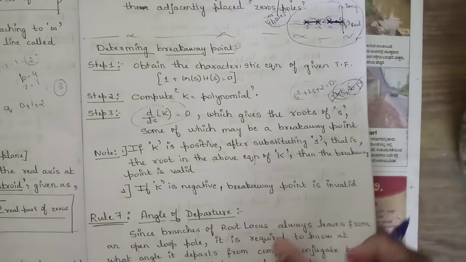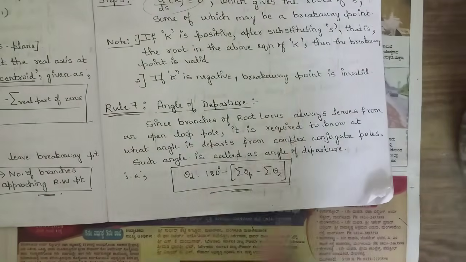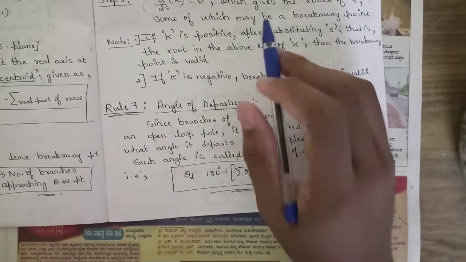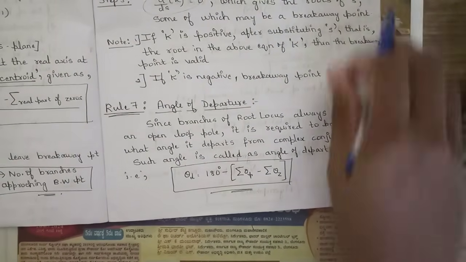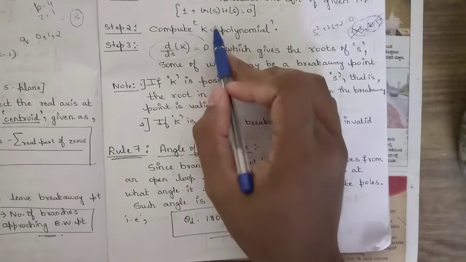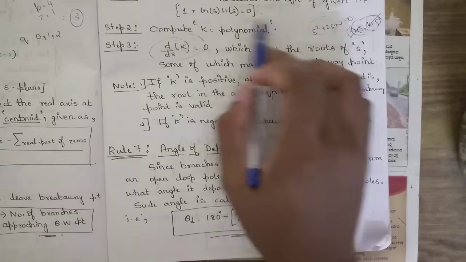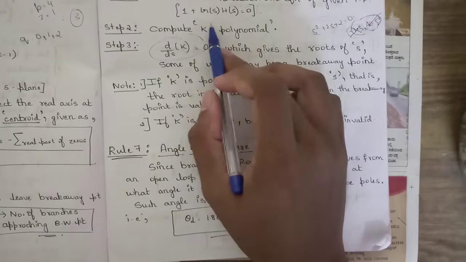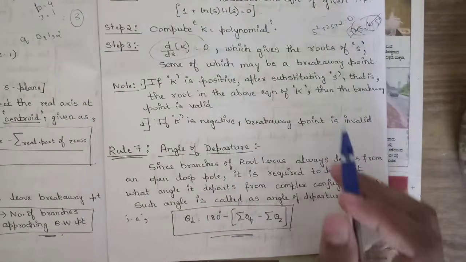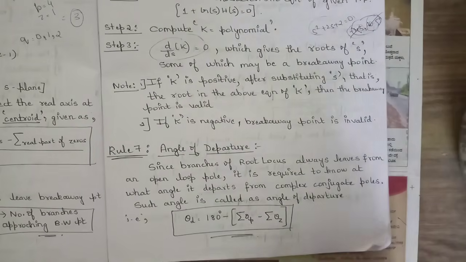We can also determine whether the breakaway point is valid or invalid by substituting the roots we have obtained in the k equation. We obtained this k equation from the characteristic equation. In this k equation we can substitute our values of roots and check whether the breakaway point is valid or invalid.